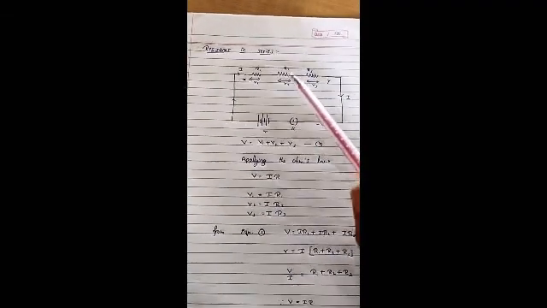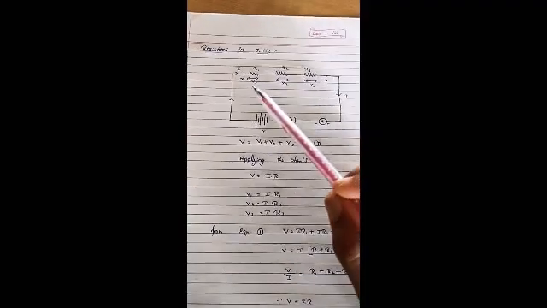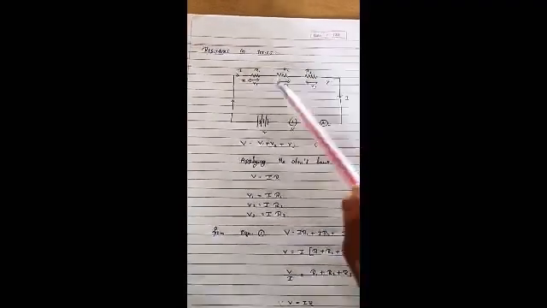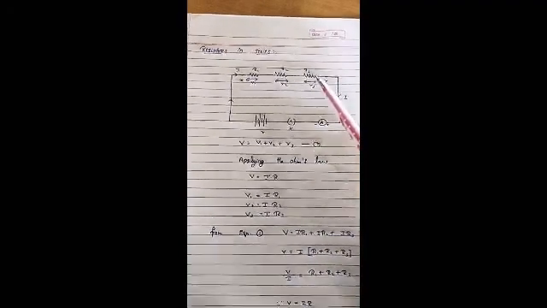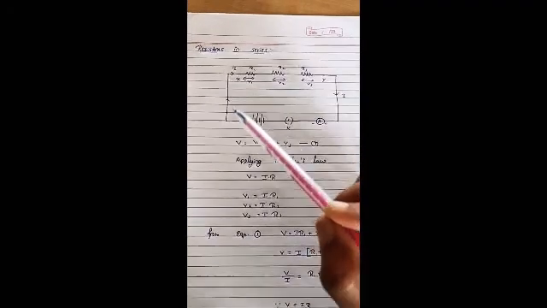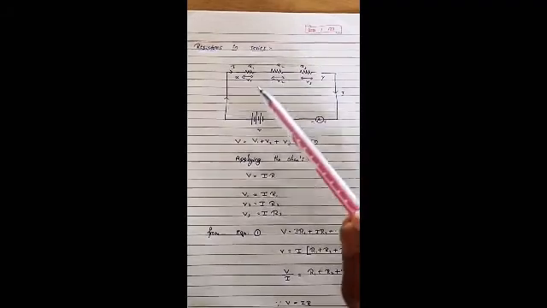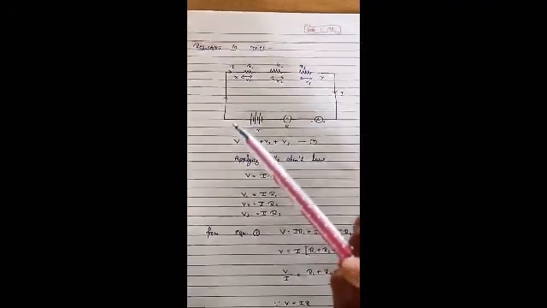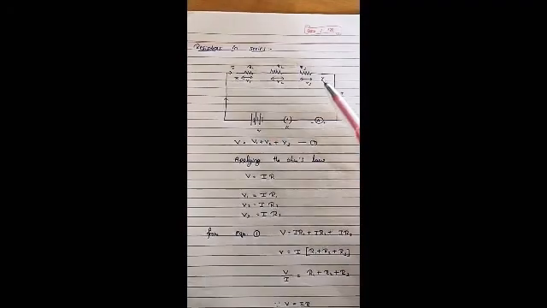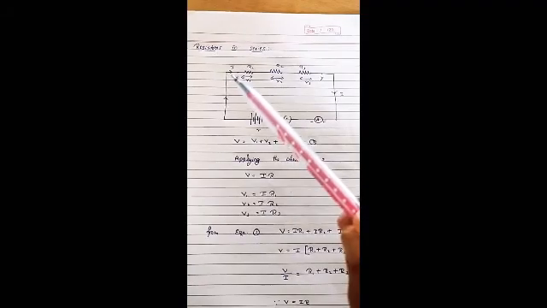The end to end connection is called a series connection. R1, R2, R3 are connected in series, and the power supply is connected across the R1 resistor and the R3 end resistor. The current flows from point X to point Y, which is the direction of current.